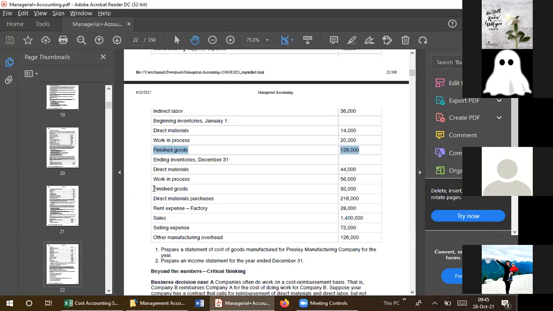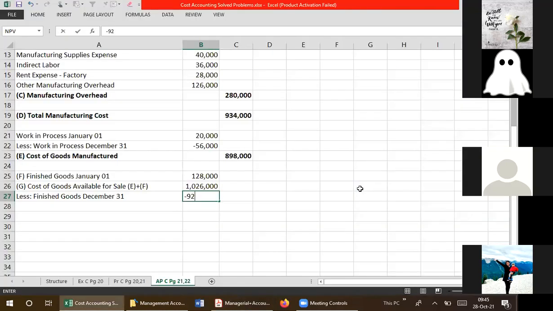Finished goods ending inventory is 92,000. So minus 92,000.